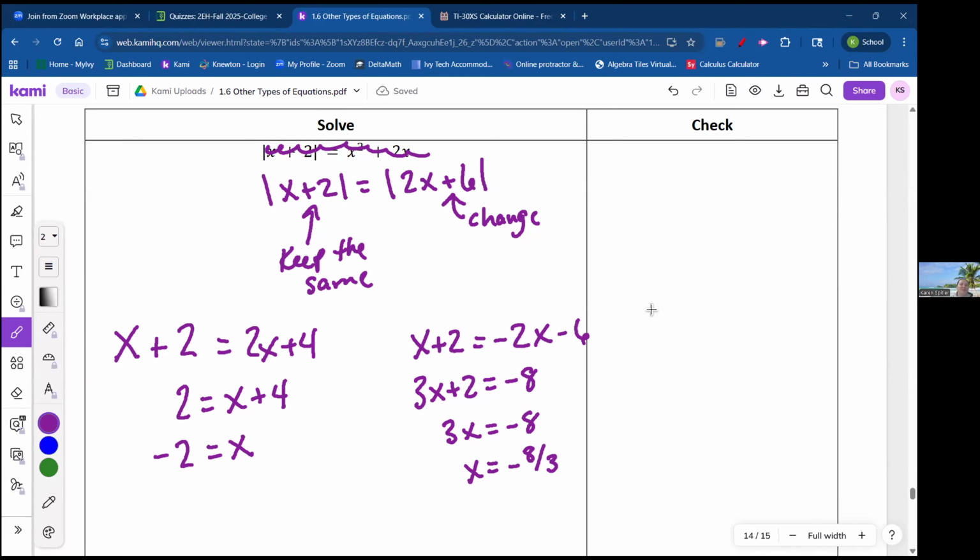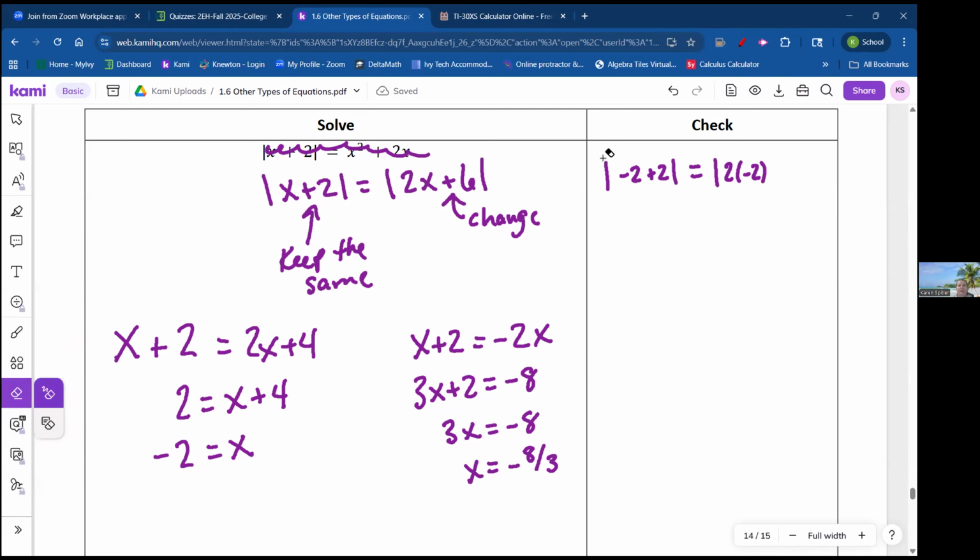So now you have to check them. Absolute value means everything's positive, so negative 2 plus 2, that should be 0, is equal to 2 times negative 2. Oh, shoot. We've got to keep it as 6. Sorry, kids, because that would require me to change the whole other problem.